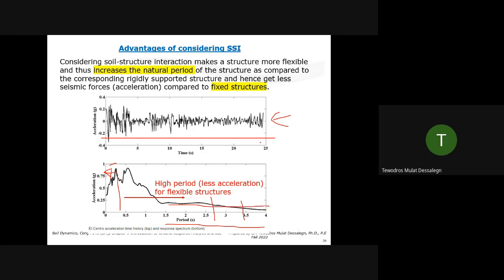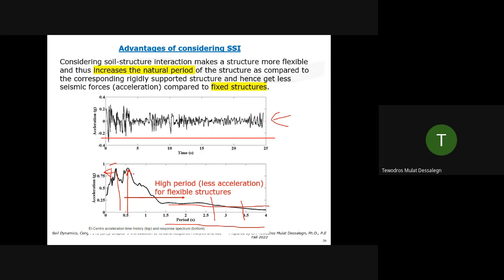What SSI is doing is, let's say you have this response spectrum and a building with a fundamental period of, let's say, 0.5 second. When you account for the flexibility of the soil, the whole structure is getting flexible. Let's assume an exaggerated case. If it's flexible, is it going to be high period or low period? Remember those Mexico City buildings, the tall buildings, they didn't suffer, right?